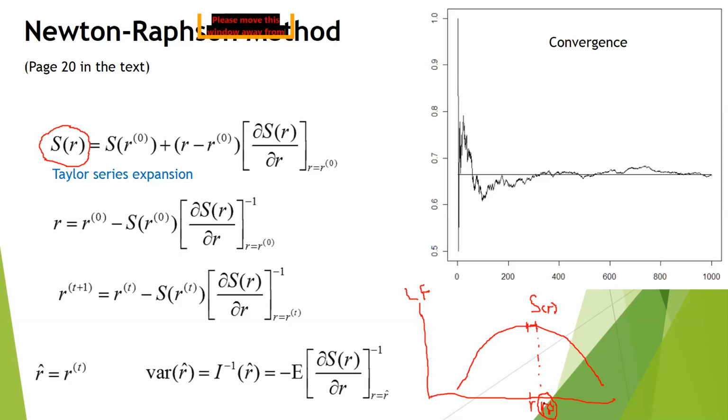Is that clear? Got it. Okay, so this is how we do this. Suppose at time t we have R0, then we can use the Taylor series expansion to express the first derivative of R for the next time point.